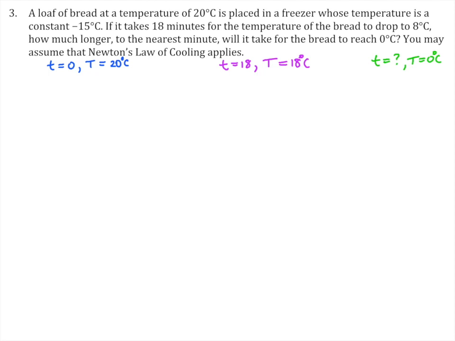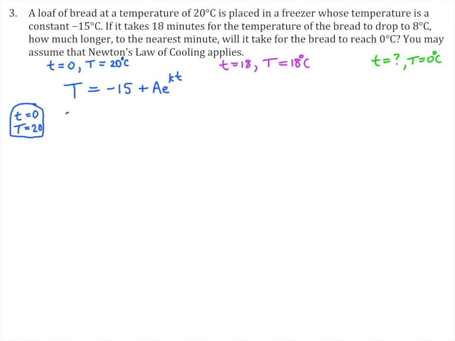Well, let's start with our formula. The temperature of the bread is going to equal the fixed room temperature, or in this case, the fixed freezer temperature, plus A e to the kt. That's our formula. Let's use the first piece of information. At time 0, the temperature is 20 degrees.